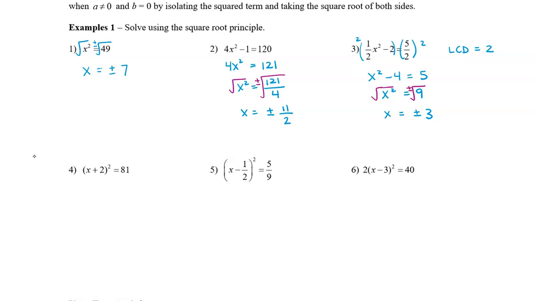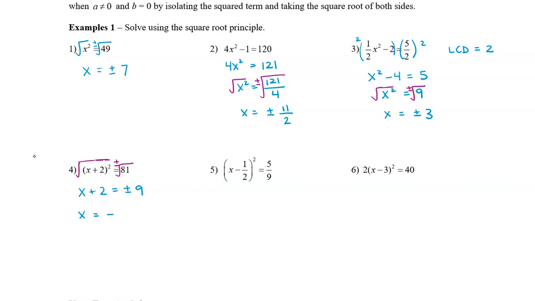Now the square term is already isolated, so we can still square root both sides like we did before. And notice carefully that the square term is covering the entire bracket. So the x plus 2 is in brackets. So we're going to put plus or minus when we square root. So we're going to have x plus 2 equals plus or minus 9. We're going to subtract 2 from both sides.